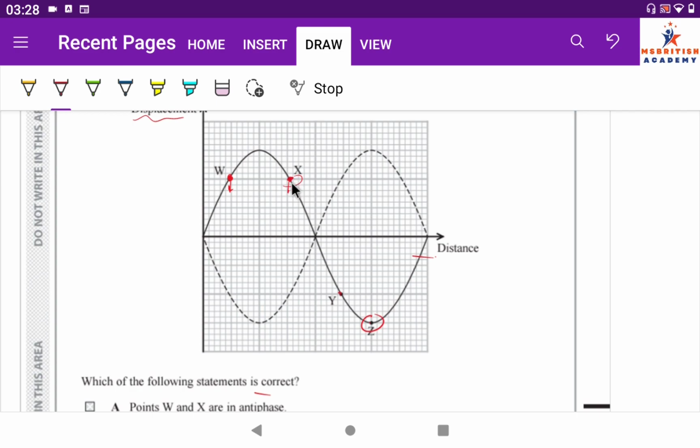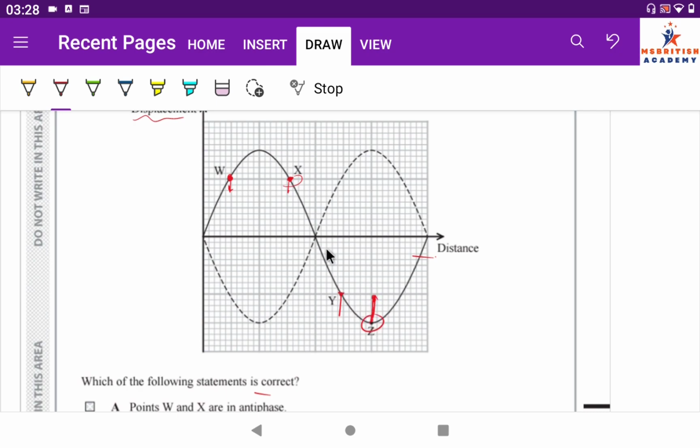In this case, this particle wants to come down, but this particle wants to go up. Okay, now this particle wants to go up.